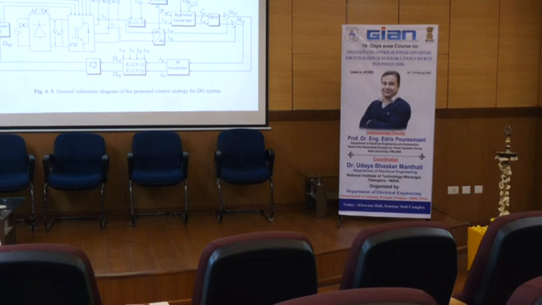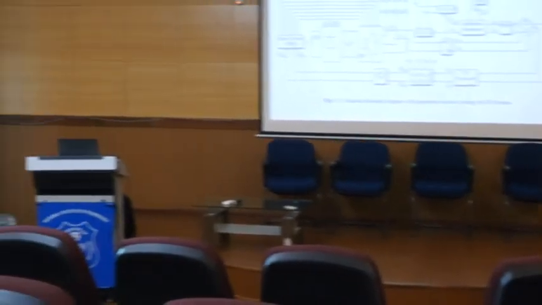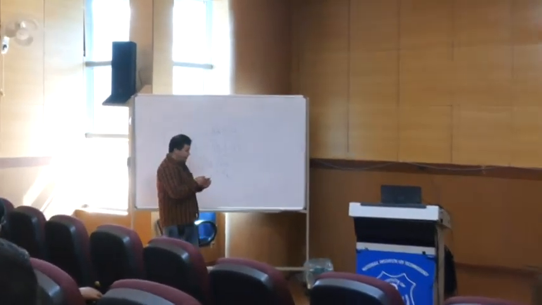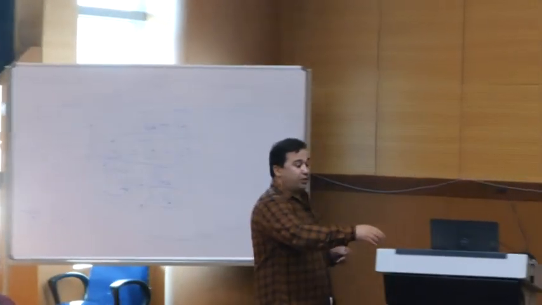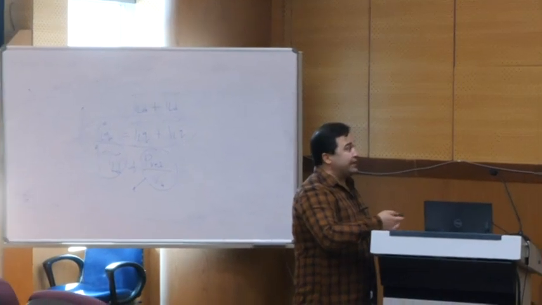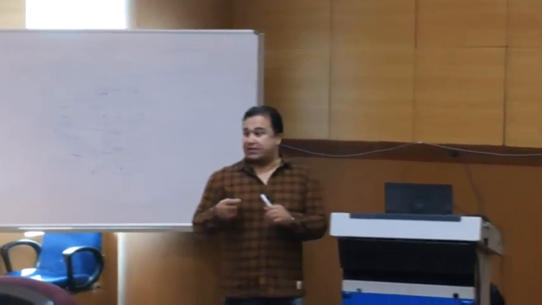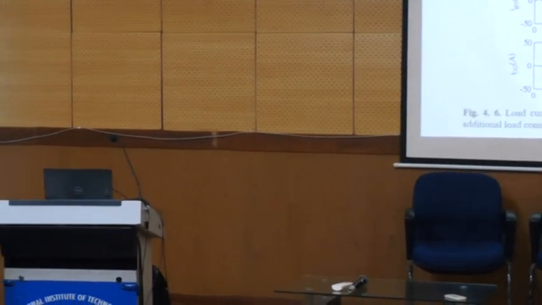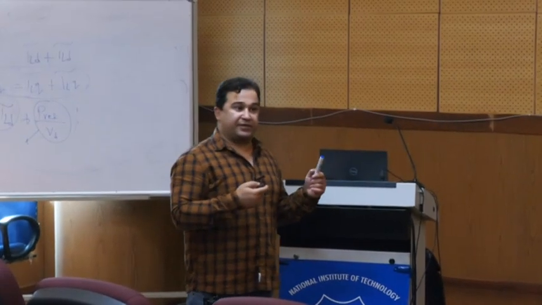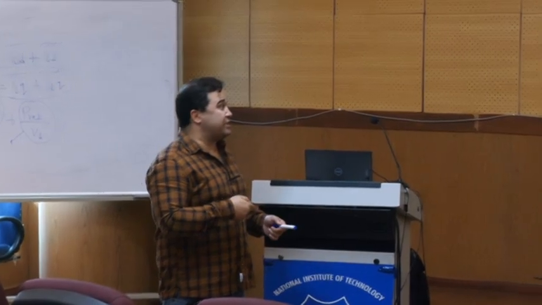But this is the maximum power we can supply. So this one and this one is supplied, and some part of active power is supplied, but the rest is not, because the active power in fundamental frequency is not supplied.